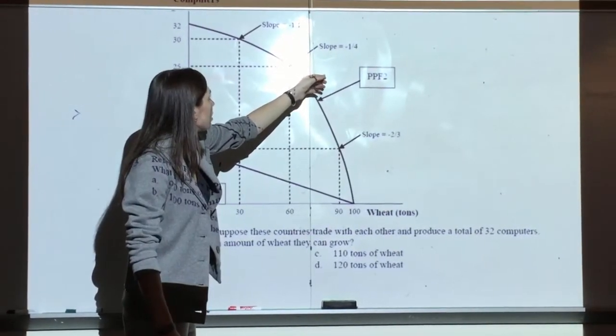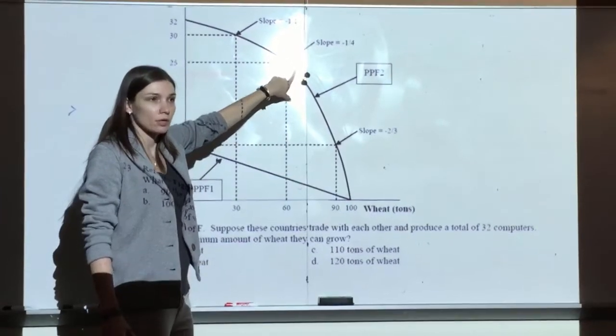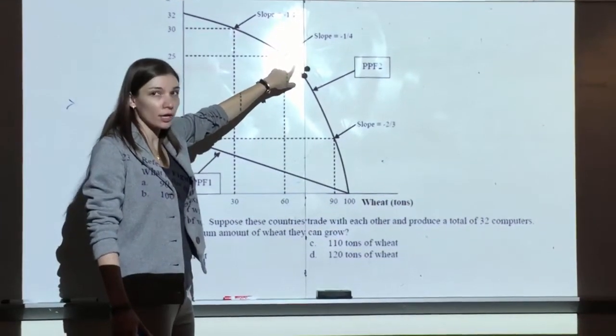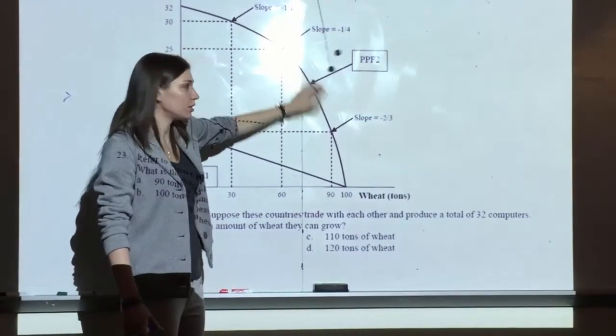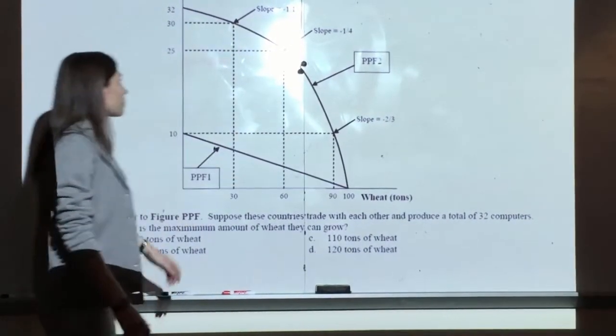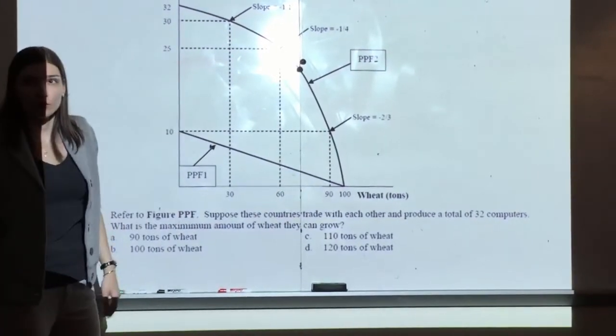So in this region of the PPF, what do they have? They have comparative advantage in what? Country 2, in computers, right? So they should not produce wheat in this region. They should produce computers. If they produce computers in this region, how many computers are they going to produce? Country 2.